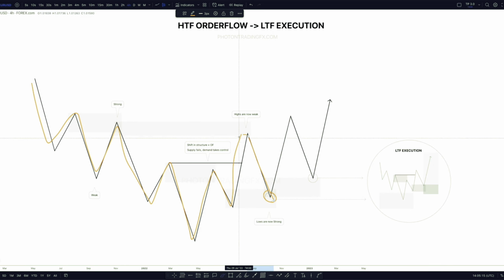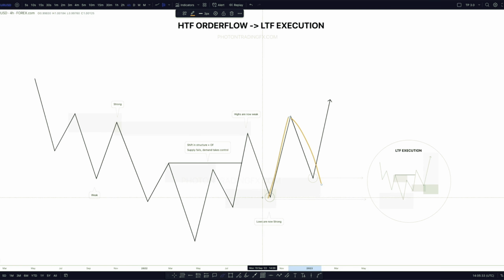We need to see it be respected. At that point, previous unmitigated supply zones become reaction points for pullbacks. We then expect demand to hold, and that's where we can look for longs to target the weak highs. The highs now become weak because they failed to break structure. And again, rinse and repeat.